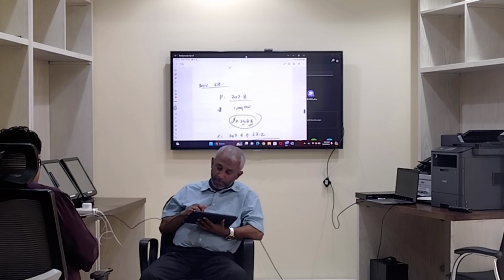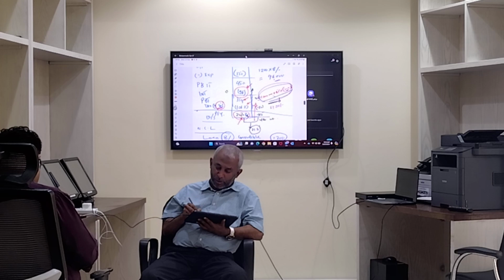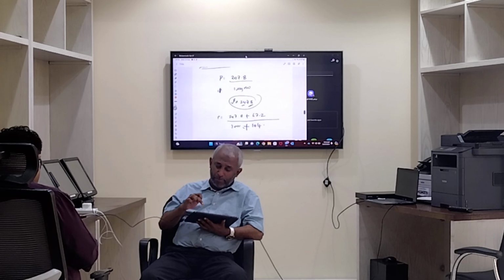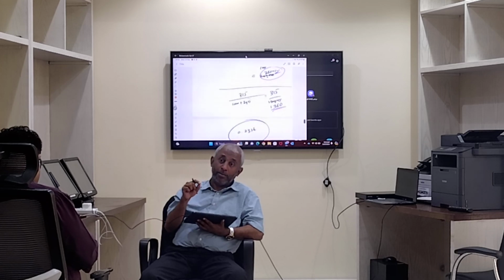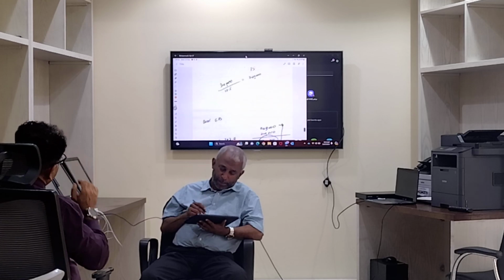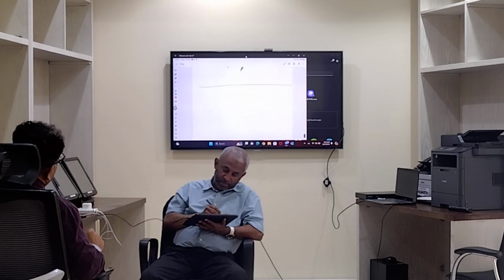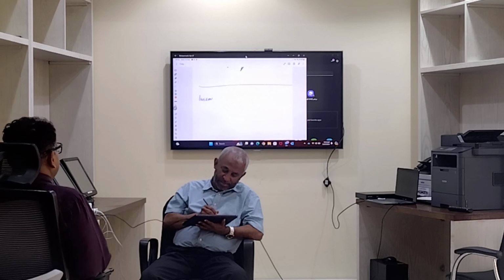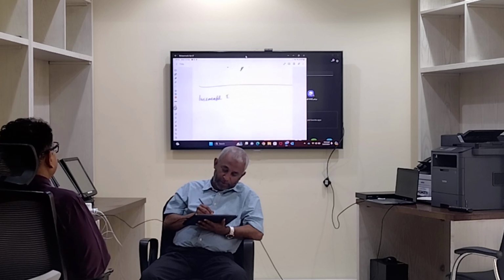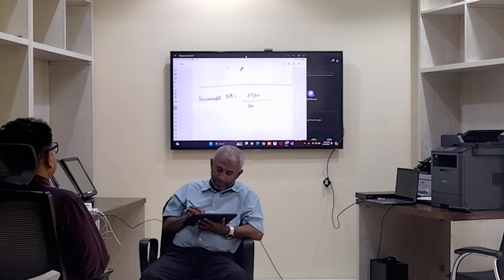Incremental profit is 67,200. The increase in incremental number of shares is 360,000. Clear? So what would be the incremental EPS? Incremental EPS will be 67,200 divided by 360,000.